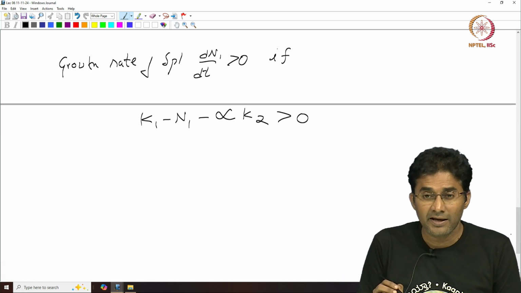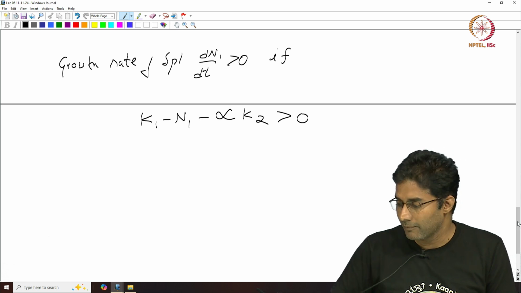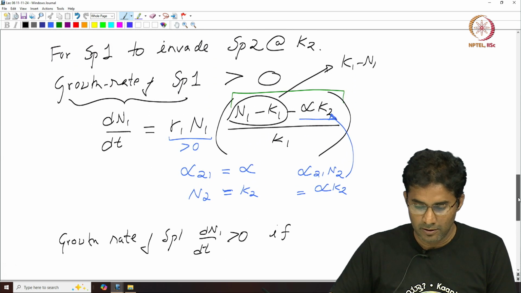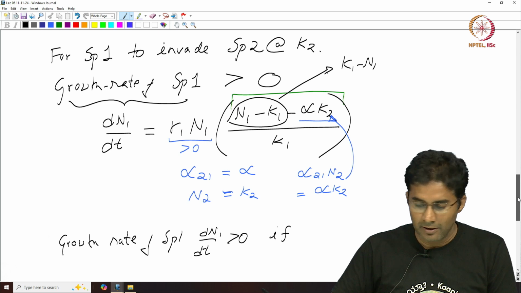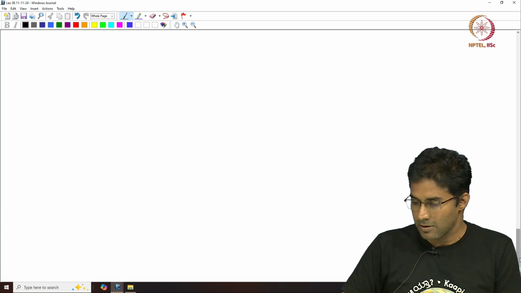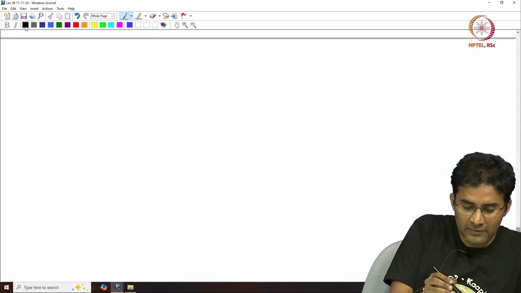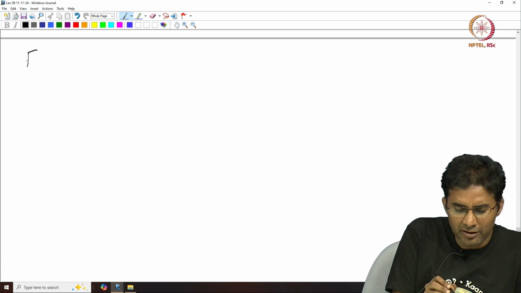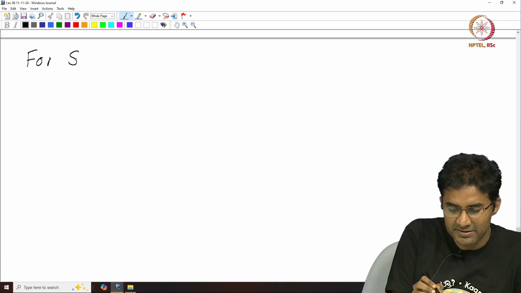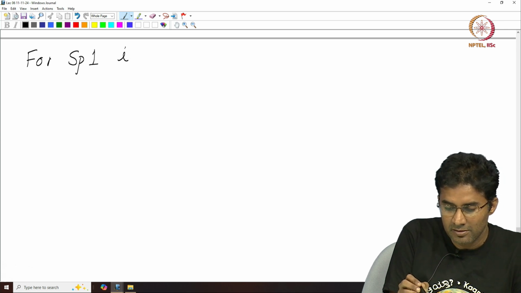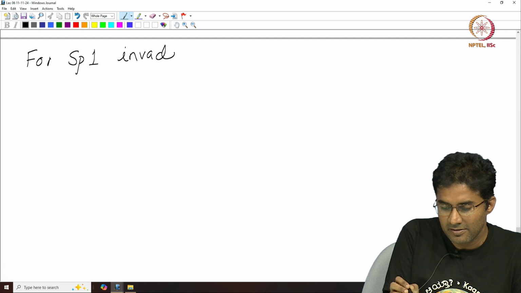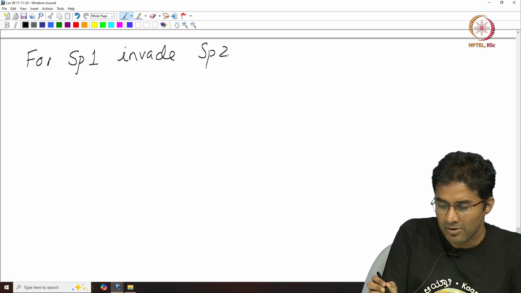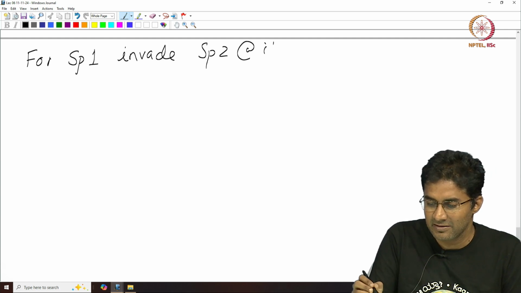Now, remember that N1 is a really small number. So, let us ask, under what condition can species 1 invade species 2, which is actually at its carrying capacity?